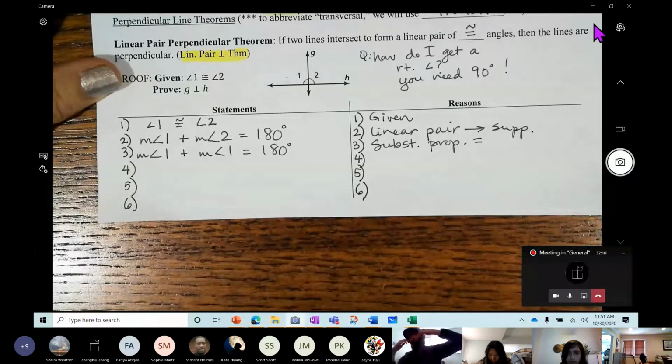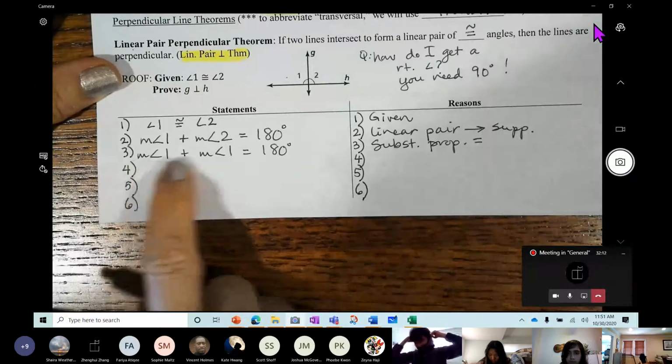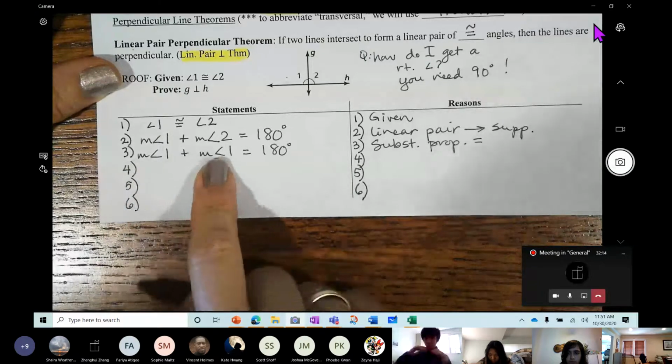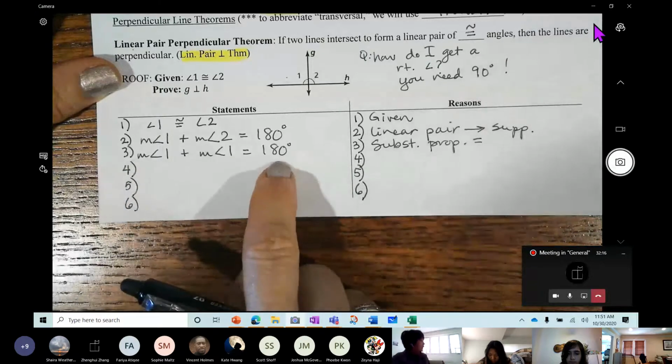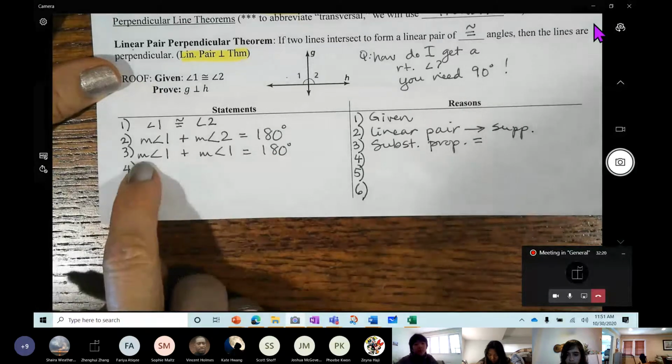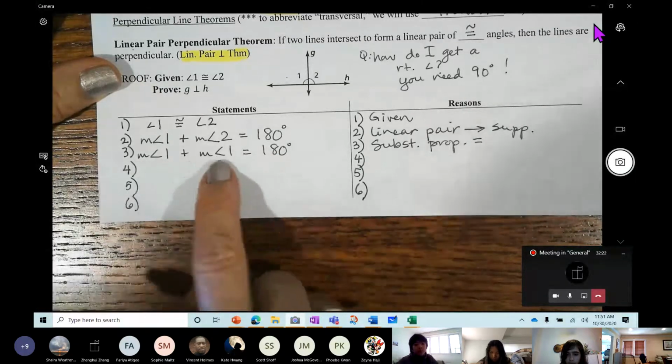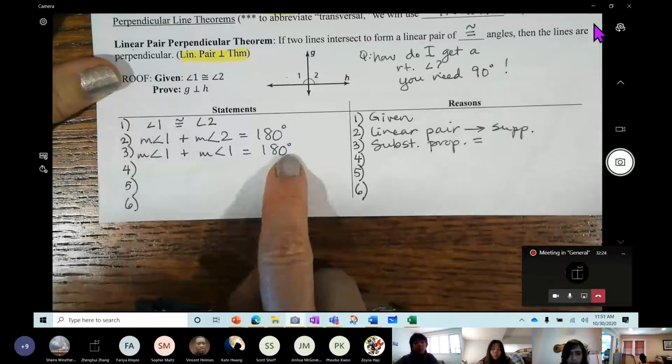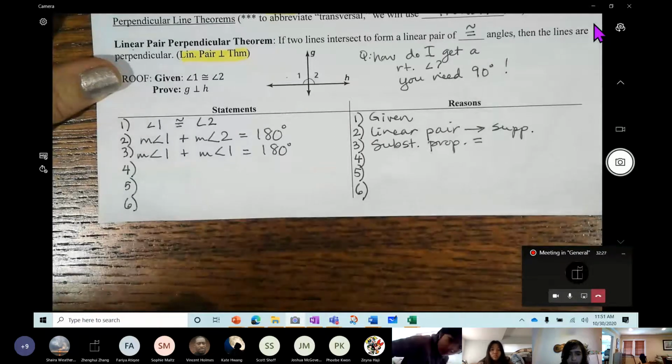But what I will do is ask you this. I have two things. Apparently they're the same and they're equal to 180. So let's just pretend there's no angle 1. Let's say it just said m plus m equals 180. What would you do?